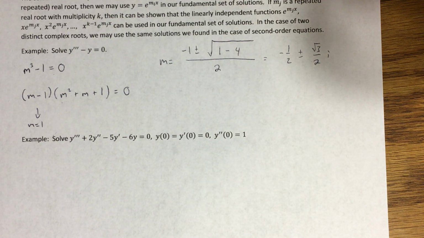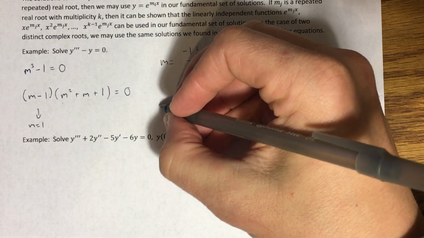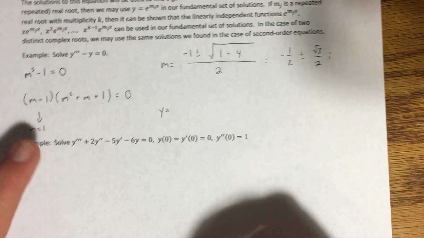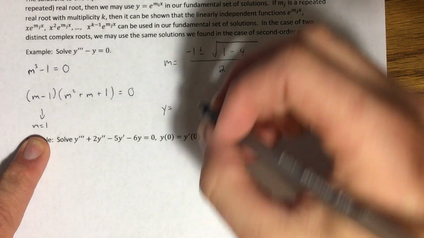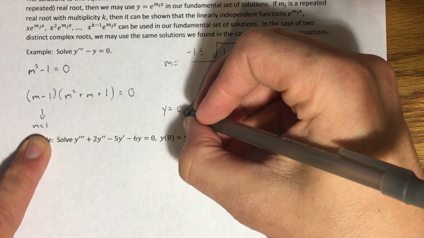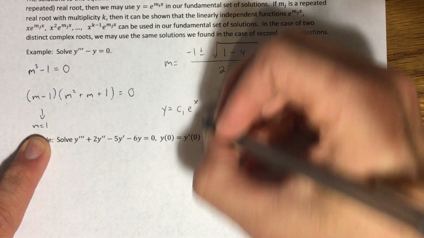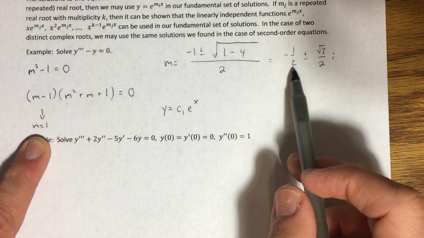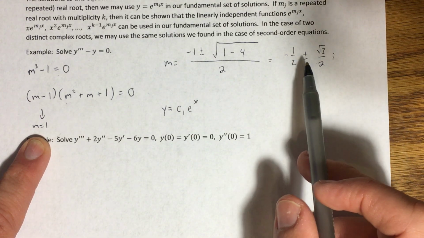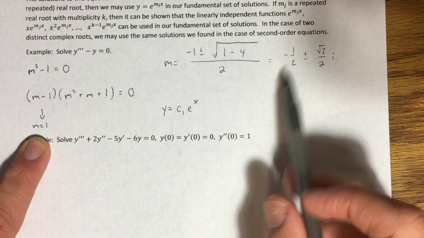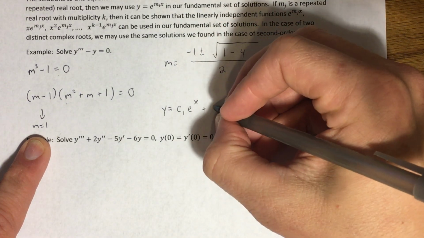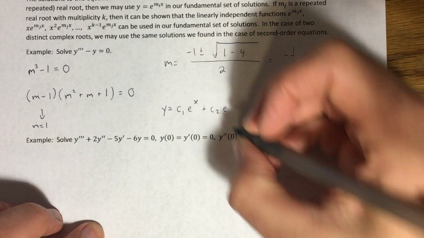Taking the results of what we did previously and putting that together into a general solution, we're going to get y equals, remember this first solution that we got here is going to lead to this c1 e to the 1x, let's just call it e to the x. This complex conjugate pair here is going to give us solutions of this type, c2 e to the ax.